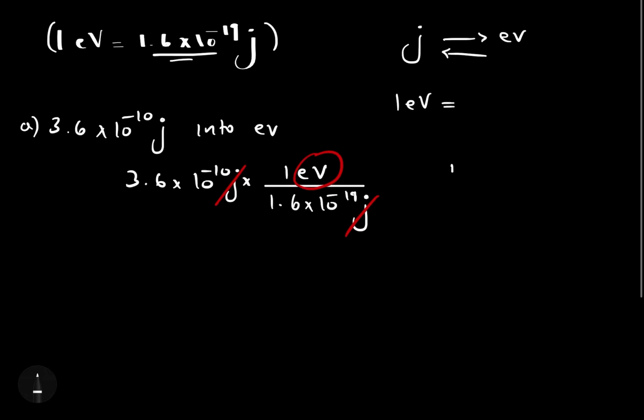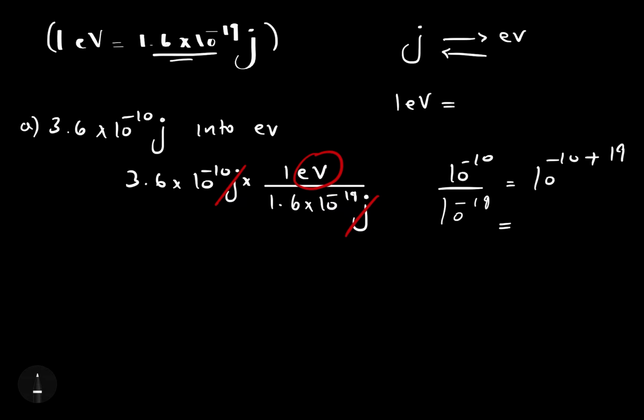So here, what you're going to get is 10 to the power of negative 10 divided by 10 to the power of negative 19. So you get 10 to the power of negative 10 plus 19. And so what you get is 10 to the power of positive 9. You can then divide 3.6 and 1.6 together. 2.25 times 10 to the power of 9 electron volts.